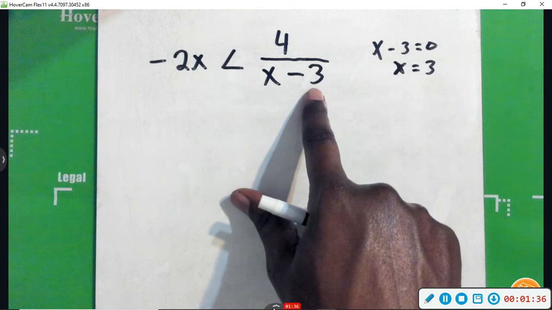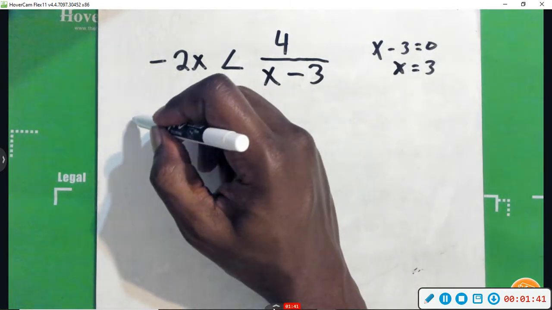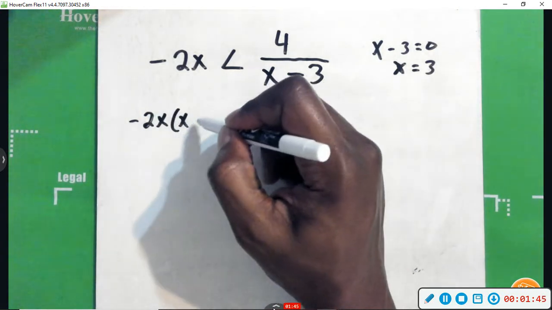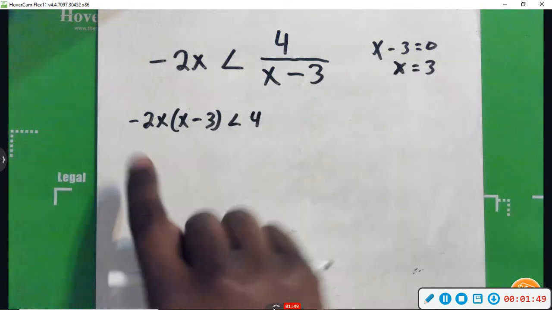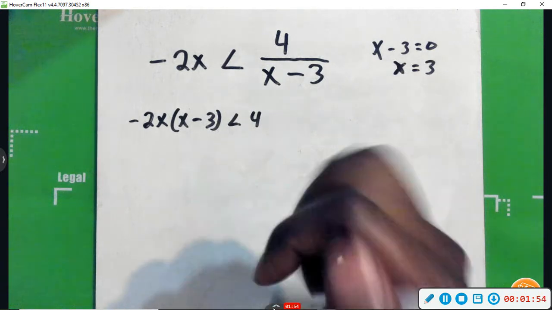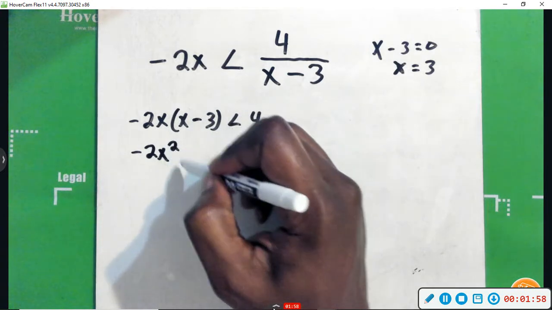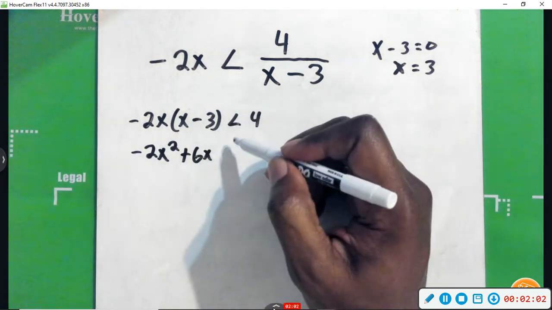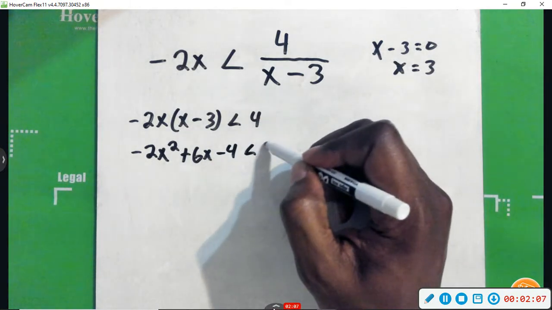So we will have negative 2x times x minus 3 is less than 4. I'm going to distribute, and I'm also going to subtract and move this 4 over. So I will have negative 2x squared plus 6x minus 4 is less than 0.